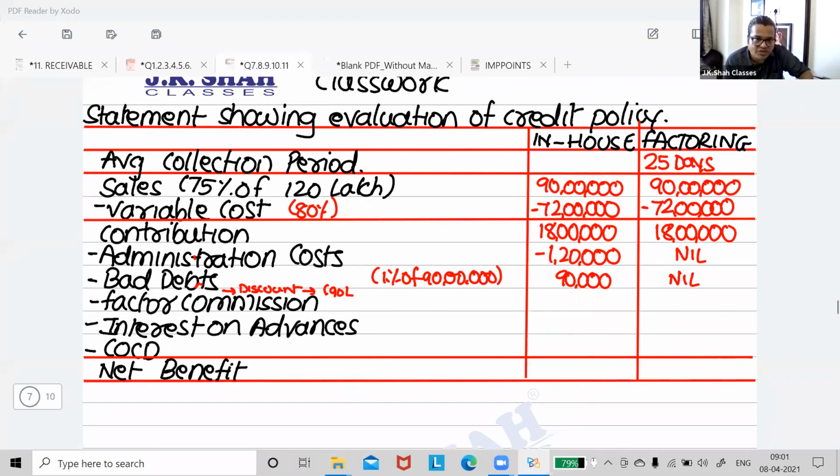So out of this 90 lakh, 60% people are going for discount. 90 lakh, 60% will be 54 lakh. And to them, we are offering 2%. Am I right? So it will come to 1 lakh 8,000. Everybody agrees on that, people? I hope you managed to get 1 lakh 8,000. Okay.